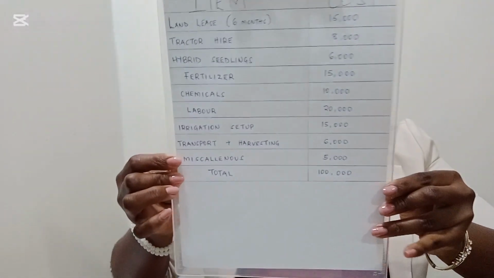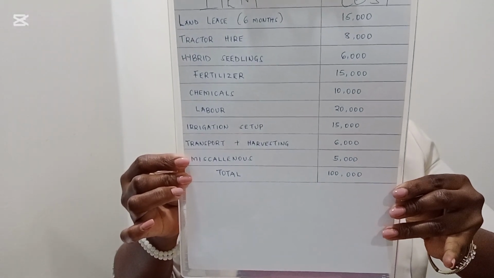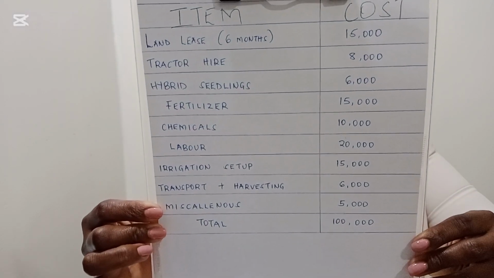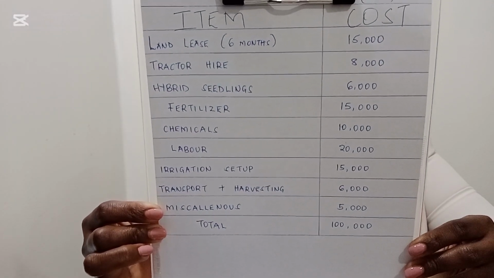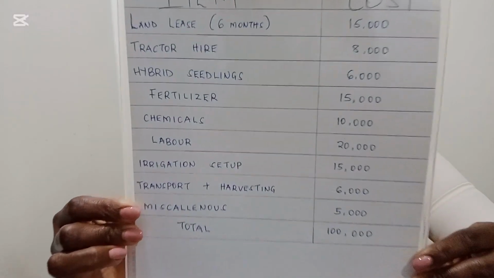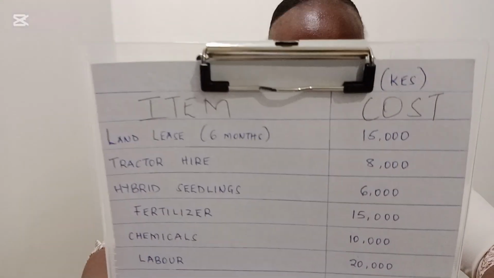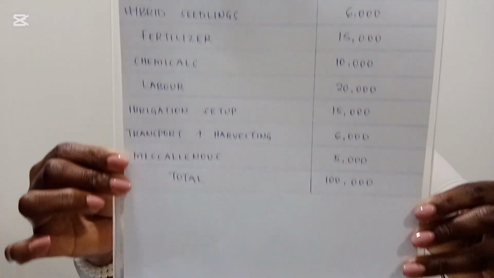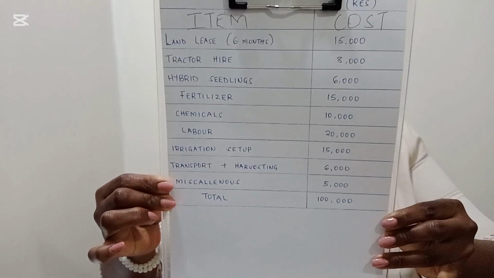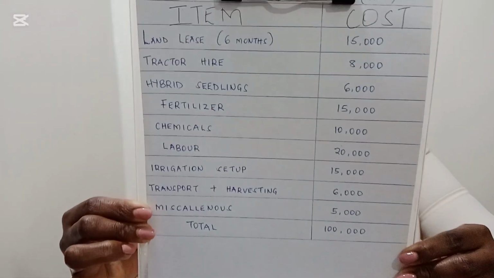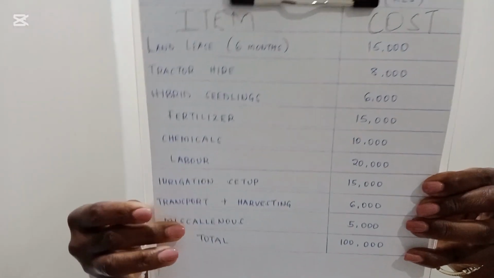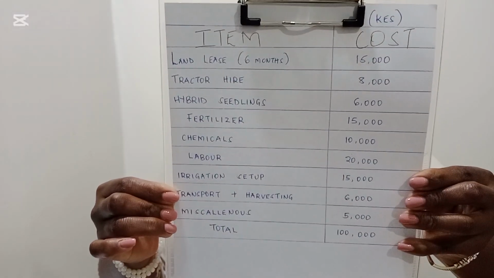This is it. What I'll encourage you to do is pause and then take a screenshot or write down what I have just written. It's not much, and then we'll go through it together.